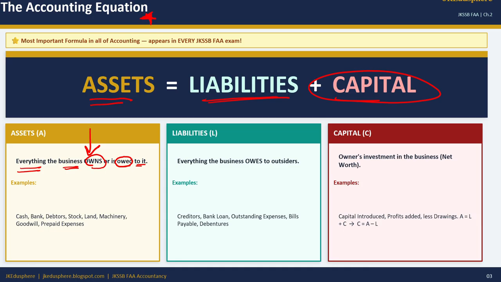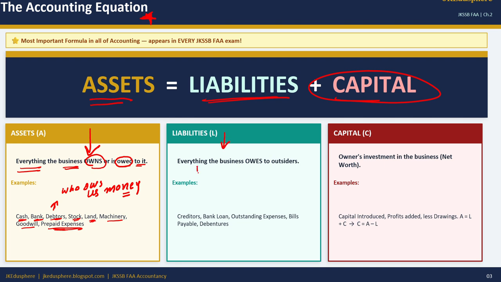For example, cash, bank balance, debtors. Debtors are those who owe us money. Then the stock, the land, the machinery, goodwill, prepaid expenses. These are examples of assets.